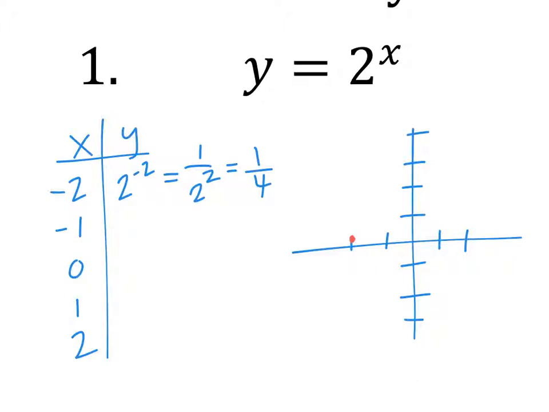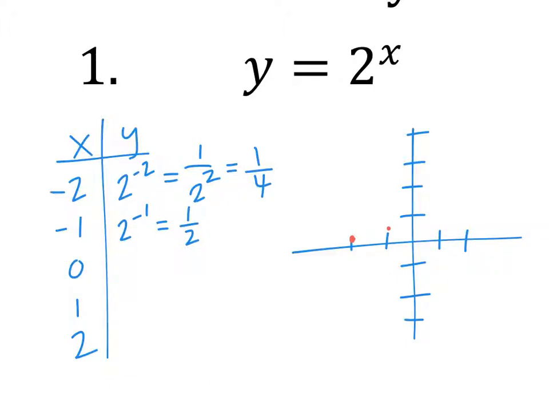All right, let's put in -1. 2 to the -1 is 1 over 2.